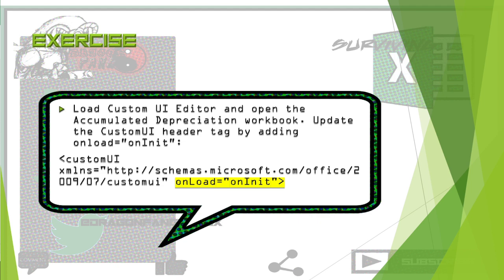So basically what it's saying is when your Excel object or workbook opens, it's going to perform whatever is on init, which in this case is loading up the workbook, loading up the ribbon, setting up the defaults, and then you'll be able to continue on from there.